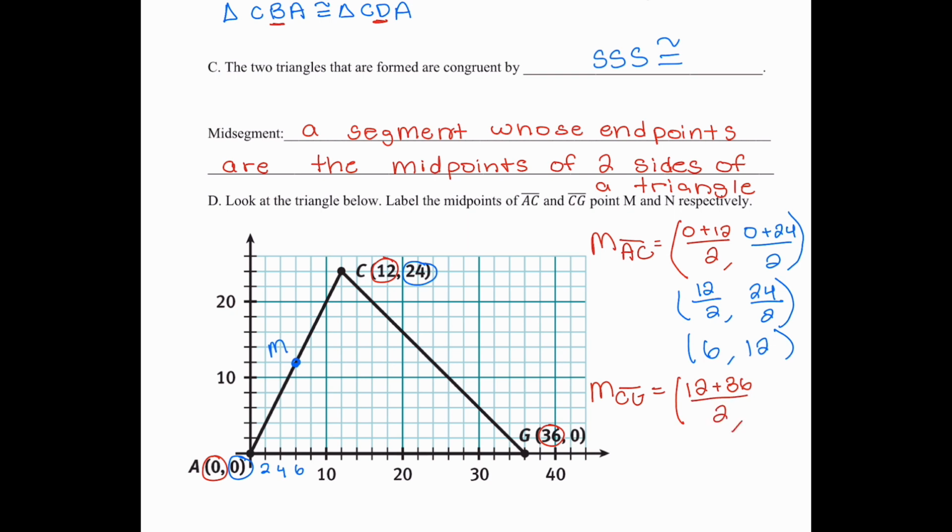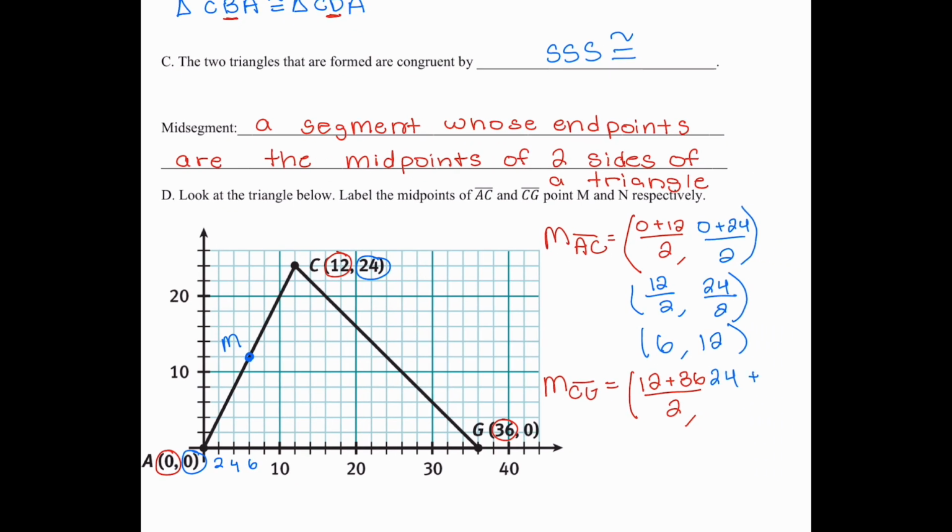The y of point C is 24, plus the y of point G is 0, and divide by 2. 12 plus 36 is 48. 24 plus 0 is 24. 48 divided by 2 is 24, and 24 divided by 2 is 12. So I'm going to plot the midpoint at (24, 12), and call that point N.